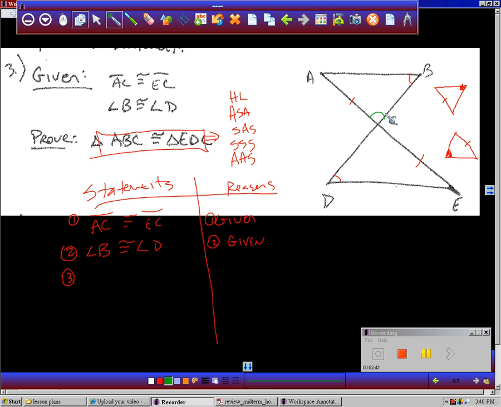So I'm going to call it ACB. I don't want to call it the measure, I just want to call it the angle. Angle ACB. That is going to be congruent to, now be sure you follow order. If I go from the unknown through the one to the vertical angle, I have to follow the same pattern. So I'm not going to start with the D, because that's the known.